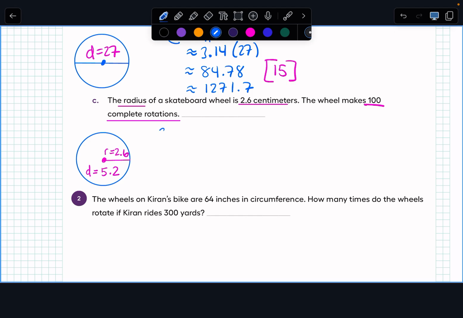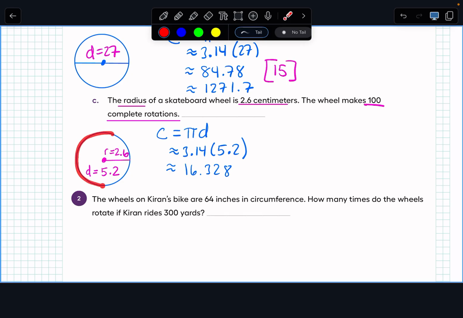So that is the number that we need to plug into C equals pi D, and we would have 3.14 times 5.2, and that would be approximately 16.328. Now again, that's for one rotation. We're talking about 100 rotations.